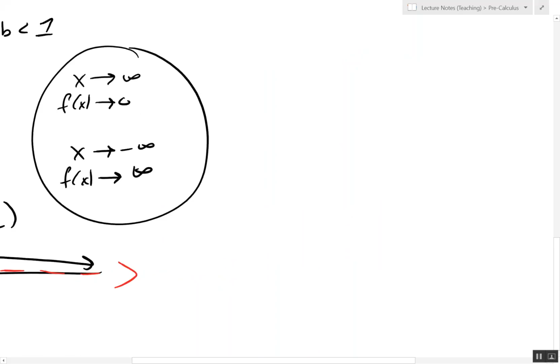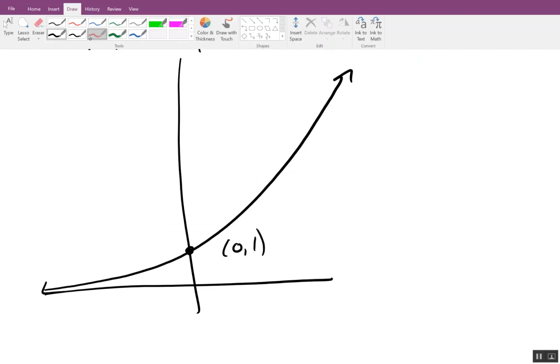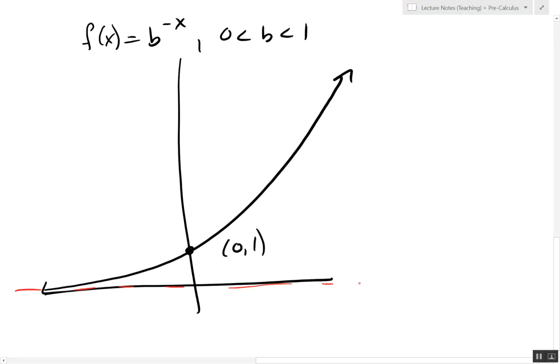And then, last example here, this one would be f of x equals b to the negative x, where b is between 0 and 1. And this graph looks like a normal exponential function. It goes through 0, 1, with an asymptote here on the x-axis.